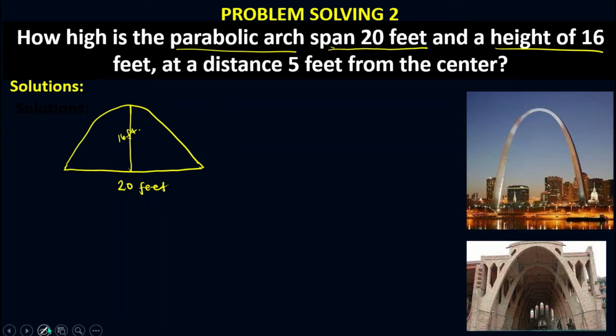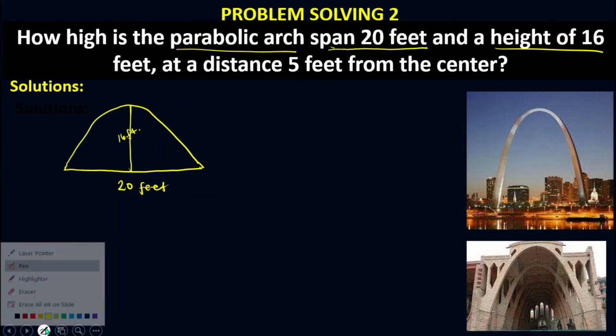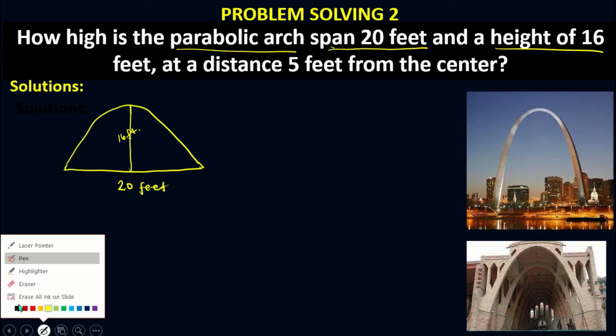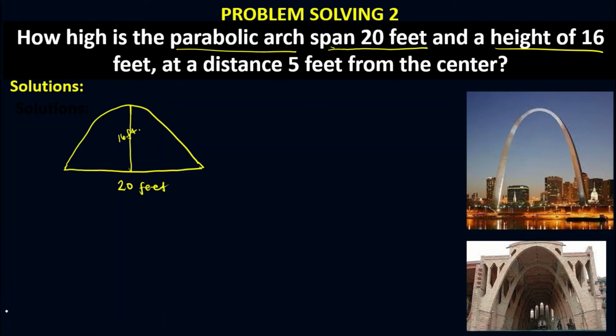Di ba para makuha natin yung hinahanap natin dun sa ating parabola, meron tayong laging equation. And then dun sa ating equation, para mas maintindihan natin siya, ilalagay natin siya sa isang Cartesian coordinate plane. Itong ating parabola, ilalagay natin siya sa x and y axis. Ngayon, pag meron kayong nakita na intersection ng lines forming 90 degrees, pwede natin siyang ilapat dun sa x-axis and y-axis.